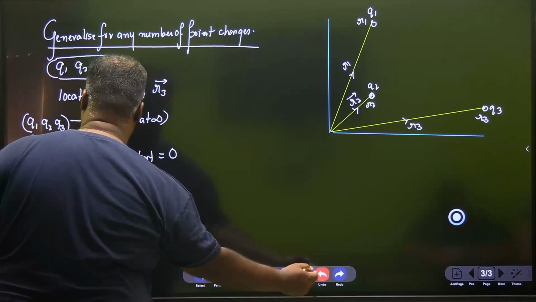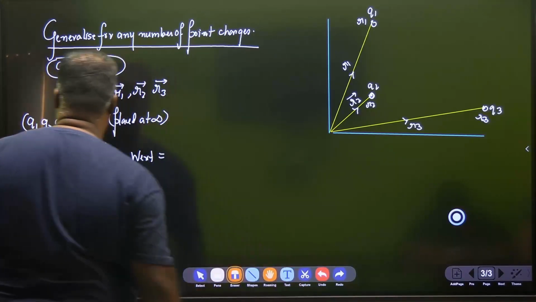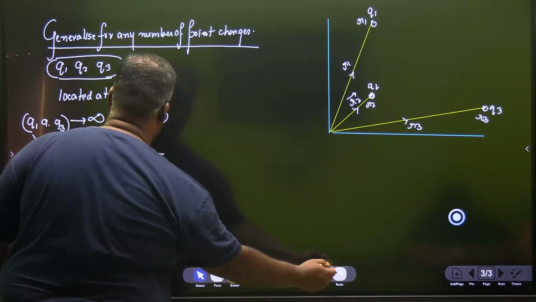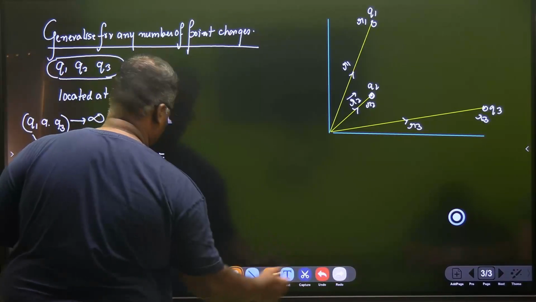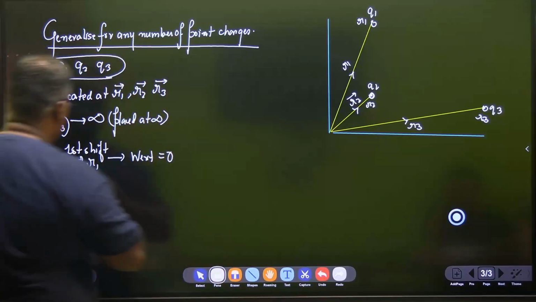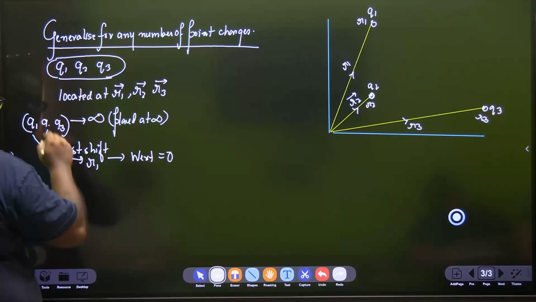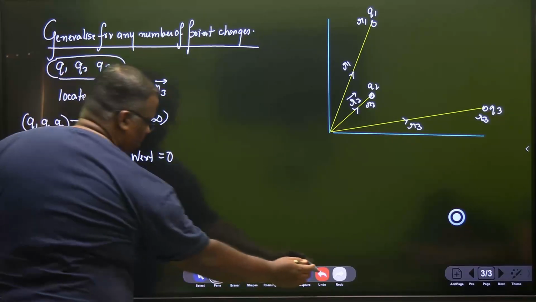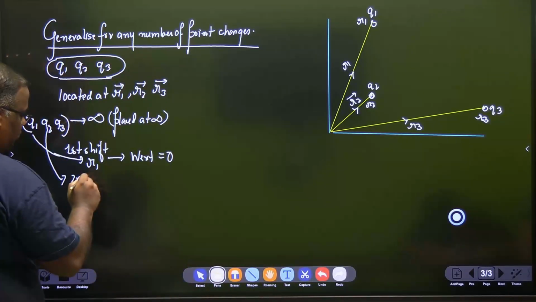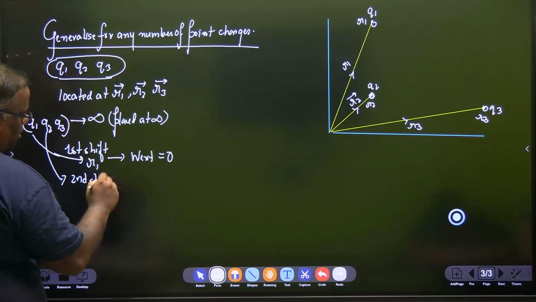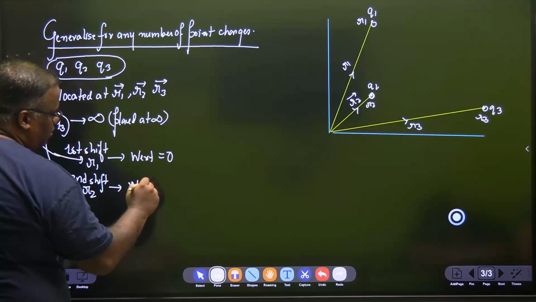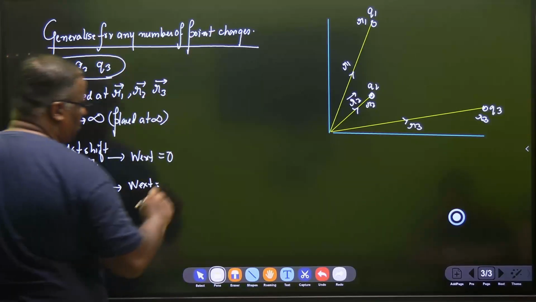The arrow went wrong. Q2 is my second shift to the point R2, and then we have some external work done. This we have already seen.